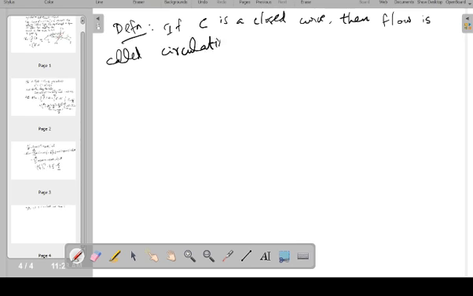So circulation is equal to integral over closed curve. This C is closed, therefore to denote that C is a closed curve, I will use this notation like this. This arrow indicates that C is traversed counterclockwise. F dot T ds.